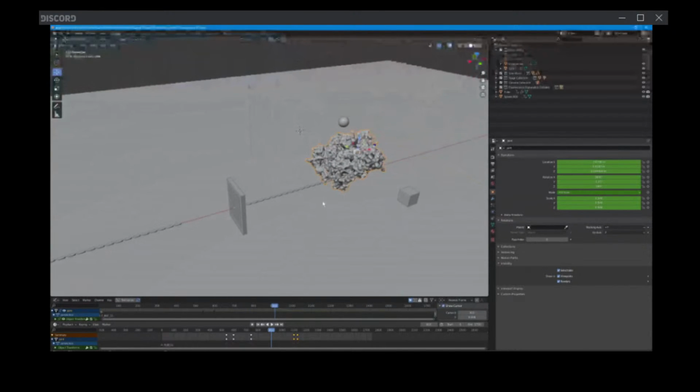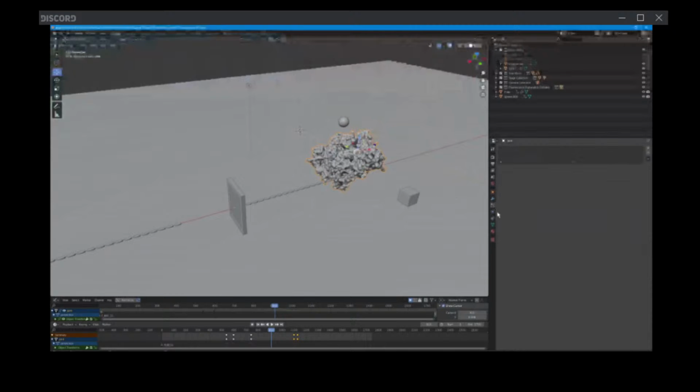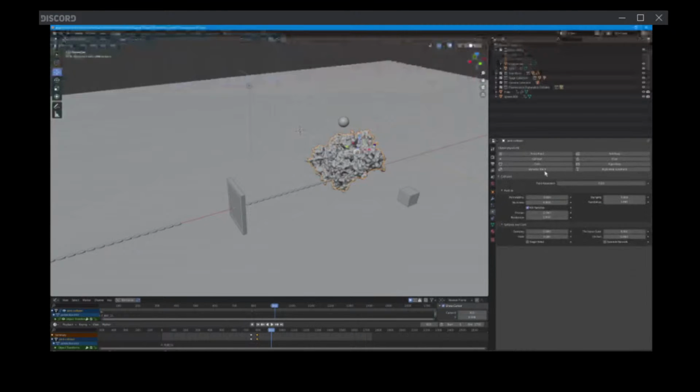You can have the particle system bounce, there's friction, you can have it kind of stick. Trying to find the settings. Here we go. There's quite a lot of settings that you can mess with here.